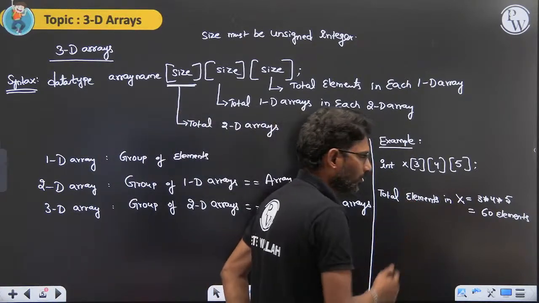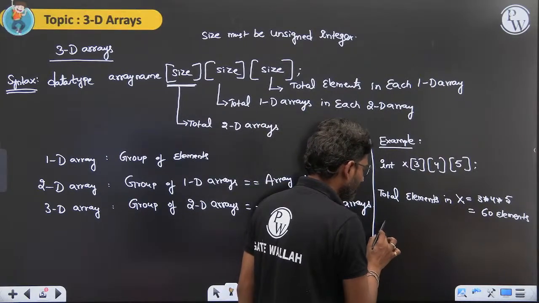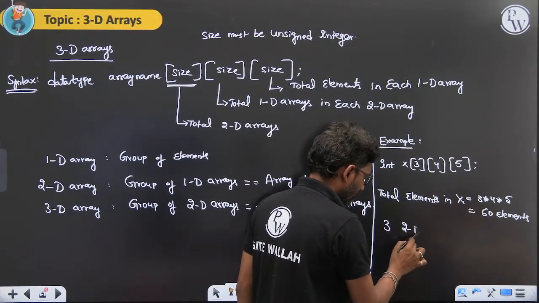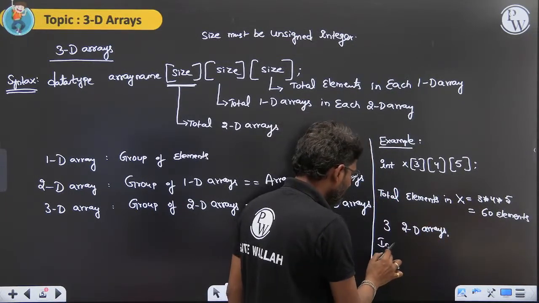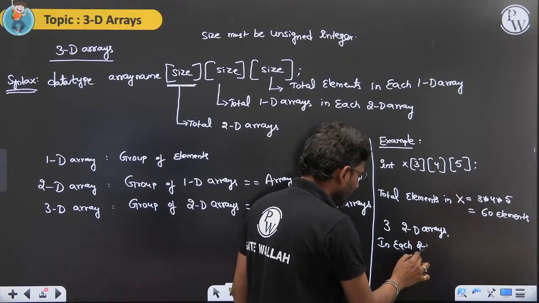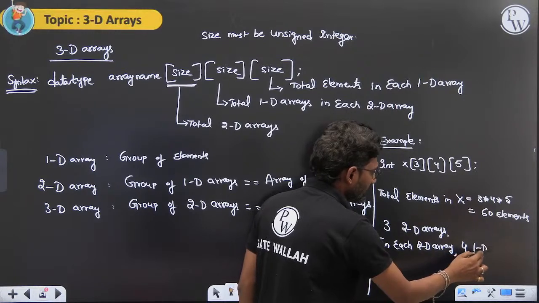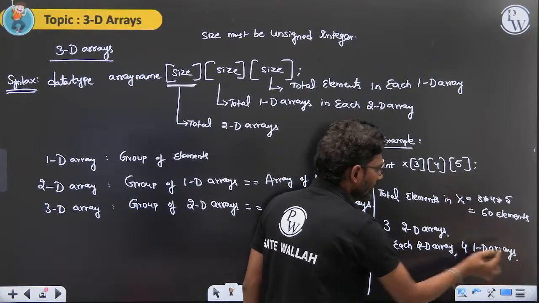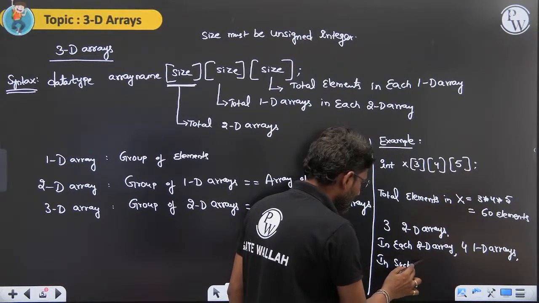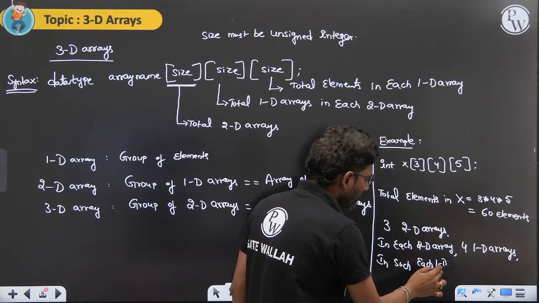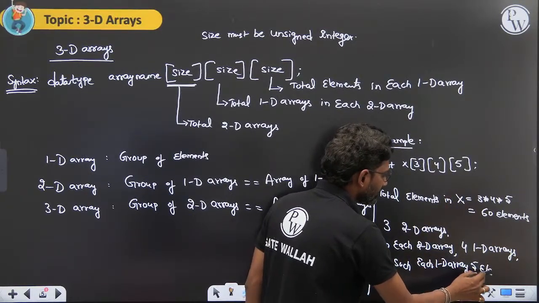And how are those 60 elements organized? They are organized in such a way that there are 3 2D arrays. In each such 2D array, 4 1D arrays are there. In each 1D array, 5 elements are there.